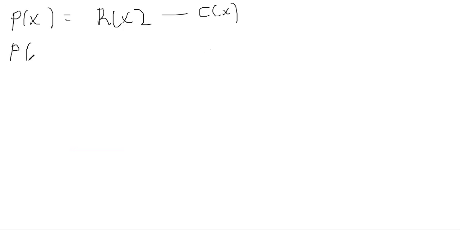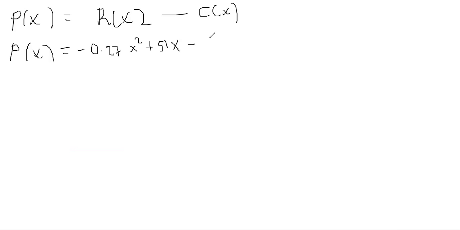So we said in the previous slide that the profit function is what? Revenue function minus cost function. So then we will have P of x, and we know that our revenue function is minus 0.27x raised to the power of 2 plus 51x.